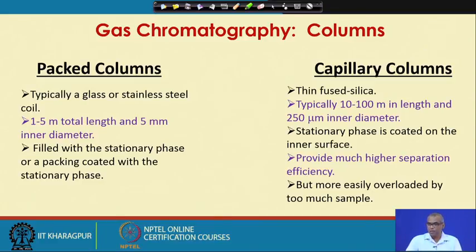In case of capillary columns, stationary phase is coated on the inner surface. Capillary columns provide much higher separation efficiency, but are more easily overloaded by too much sample. Please note that the diameter of the capillary column is around 250 micrometer. So, small diameter.